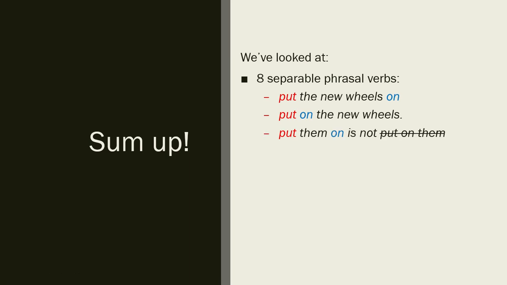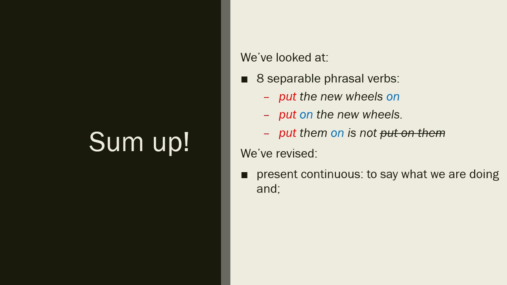But if the object is a pronoun, it can only come between the verb and the adverb. Good. We've also revised the present continuous to say what we are doing, and the present perfect to indicate what we have done.